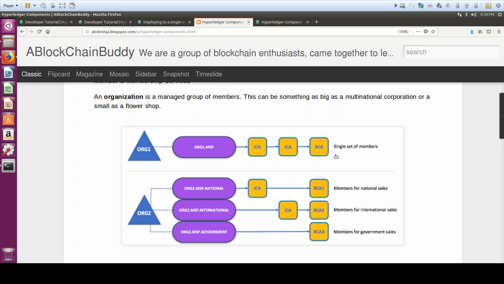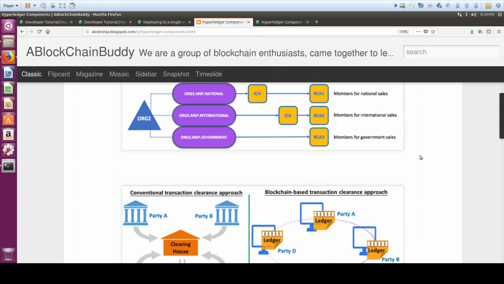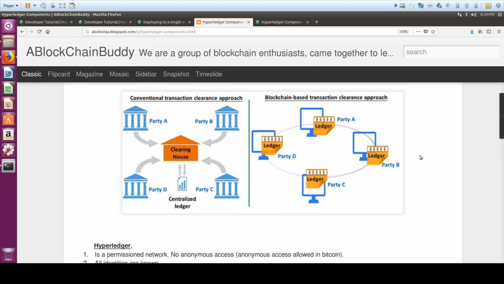This is an example of a single set of member organization. Org 1 has one set of members. This is Org 2. It has multiple entities inside that Org 2. In the next slide.